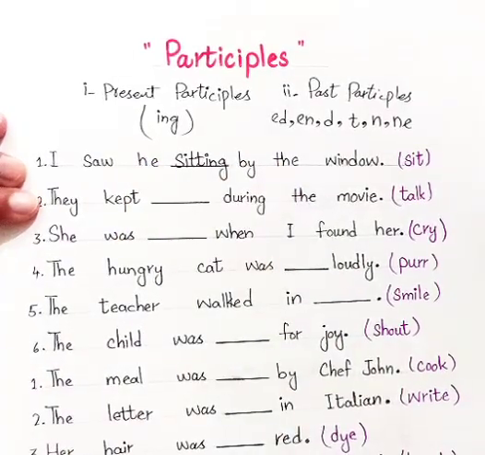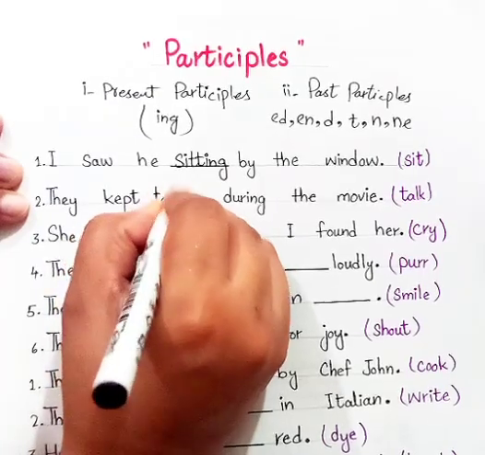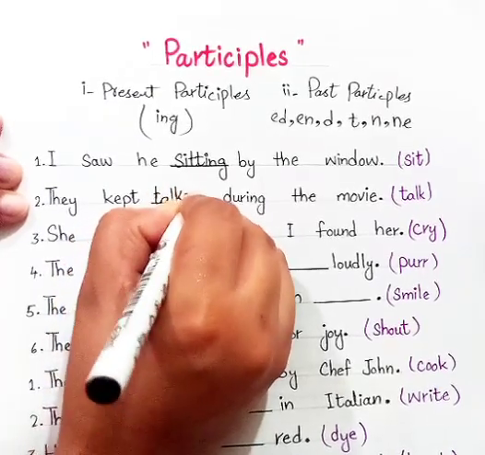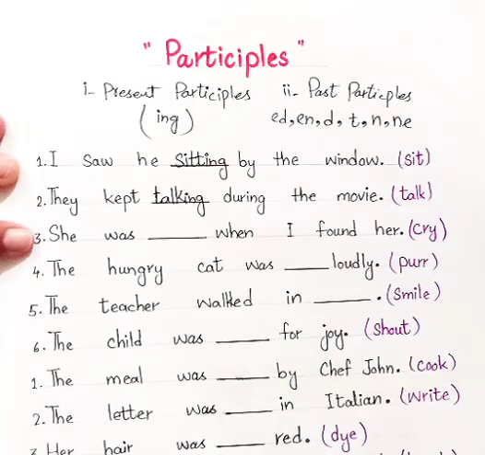Next one, they kept blank during the movie. Talk. So according to present participle, the answer will be talking. They kept talking during the movie.